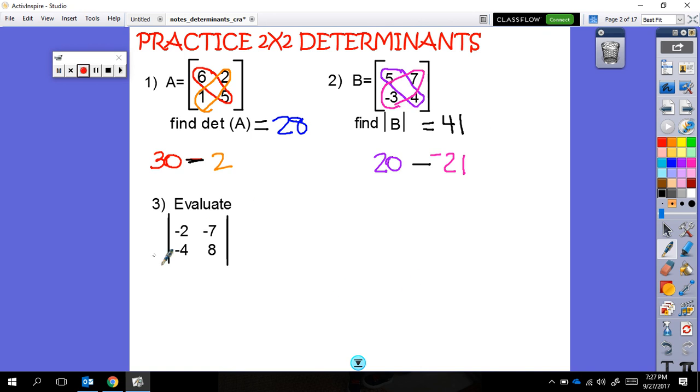I want you to try 3, and I'm going to be quiet for just a minute and let you figure out 3, and then we'll check it.